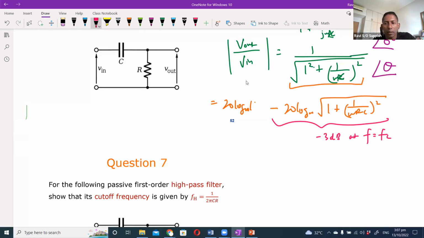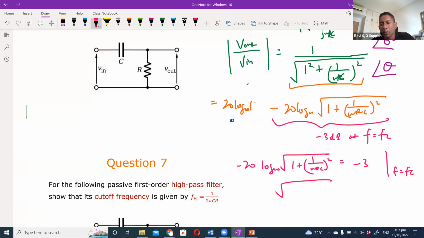So the same approach: minus 20 log to the base 10 of the square root of 1 plus (1 over omega RC) squared equals minus 3, at f equals fc. Then 1 over omega RC squared is equal to 10 to the power of 3 over 20, which is equal to square root 2.